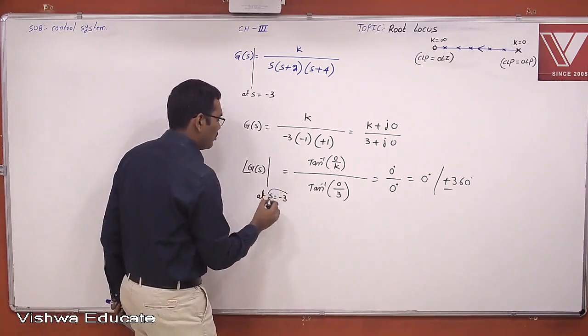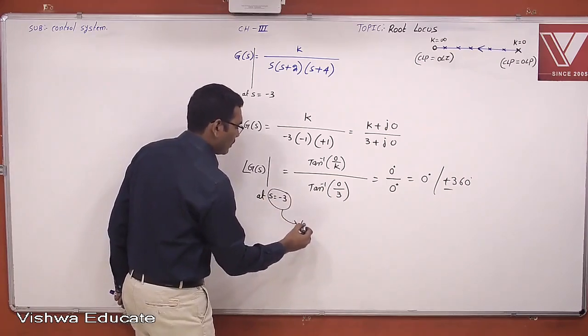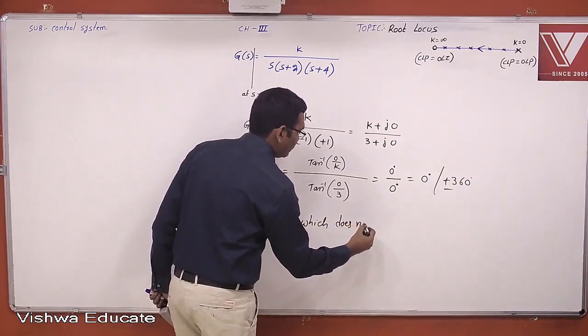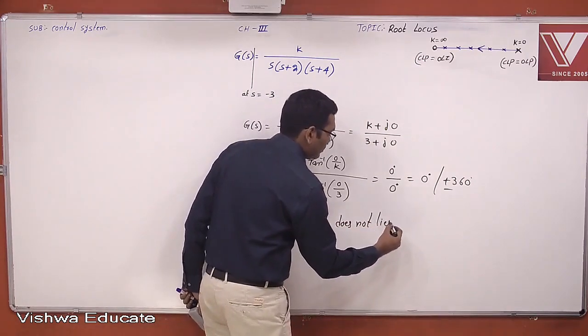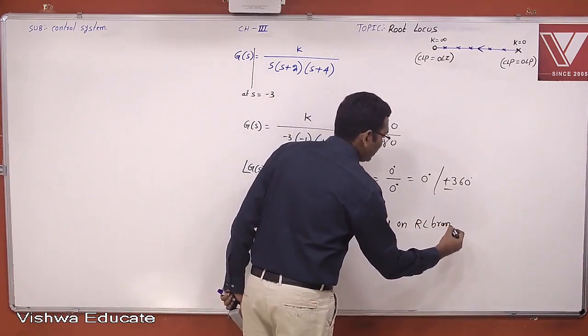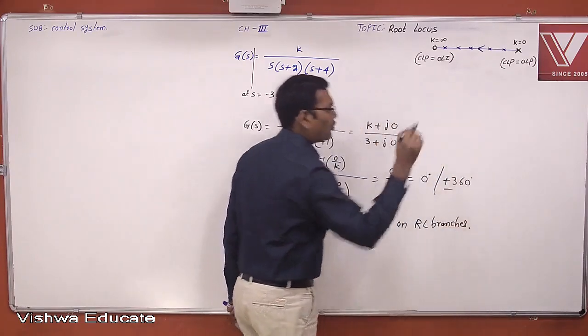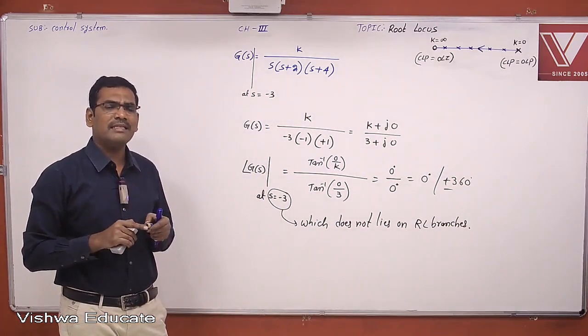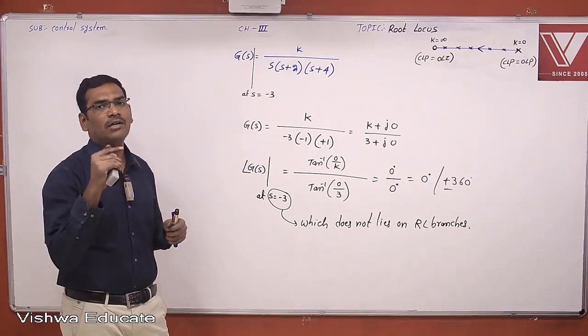Therefore, S equal to minus 3 does not lie on the root locus branches, because the root locus branch is the movement of the closed loop poles.